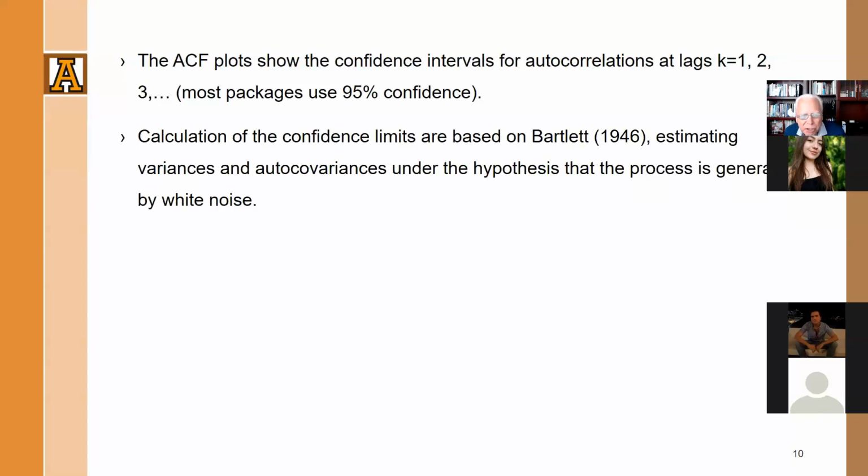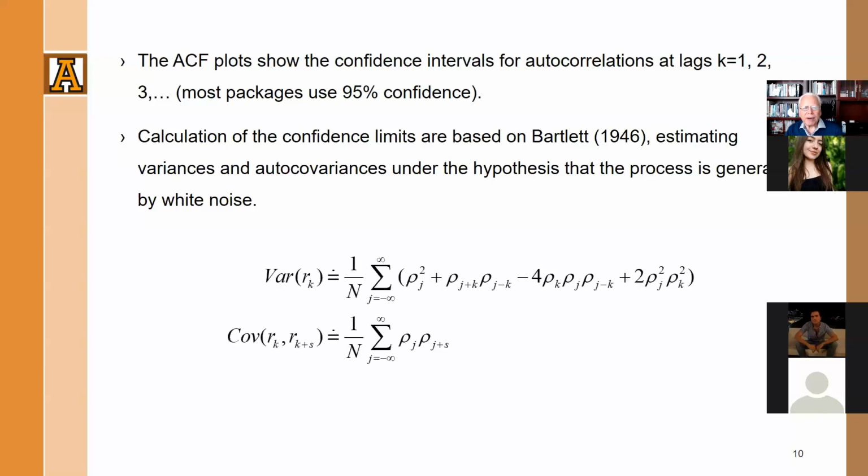Now the calculation of this 95% confidence interval is based on a result by Bartlett. Assuming that the process is generated by white noise, the variance of the kth autocorrelation is approximately 1 over n.